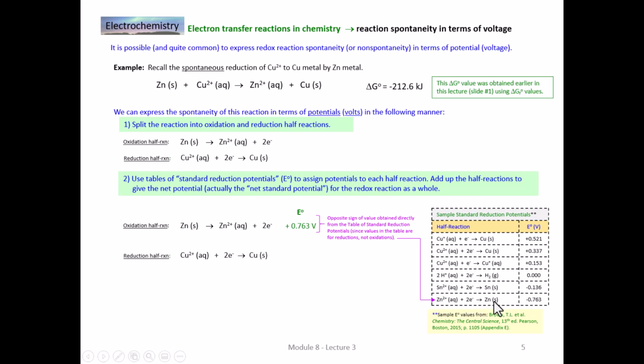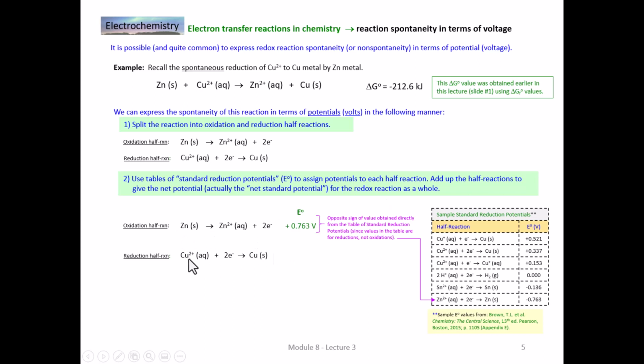I'm interested in the oxidation, which is the opposite of this. When we reverse a reaction that's written in the table, we change the sign. So I use the number 0.763 volts, but I changed the sign because the table lists reductions, but this is an oxidation.